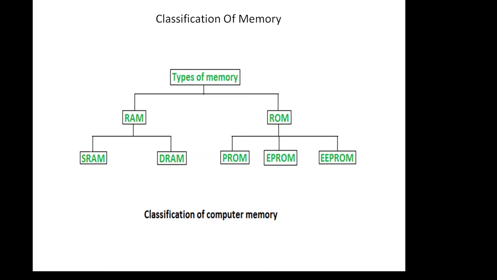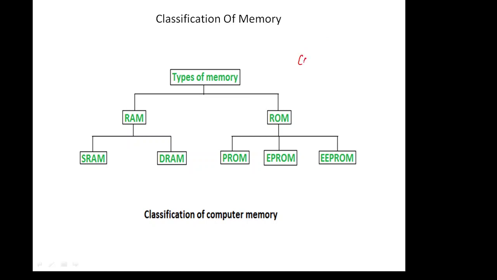Here, as I have said before, memory is the most essential element of a computing system, because without memory, the computer can't perform even a single task. That is the main thing when we study memory.